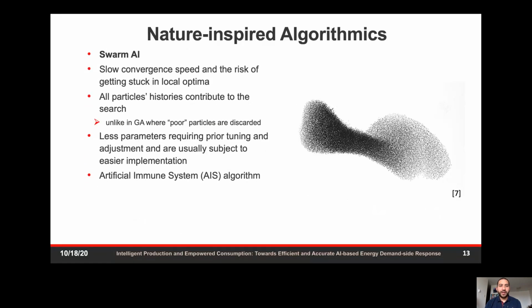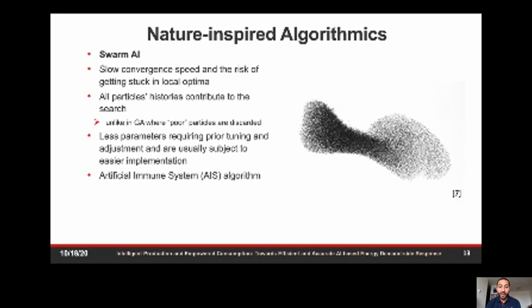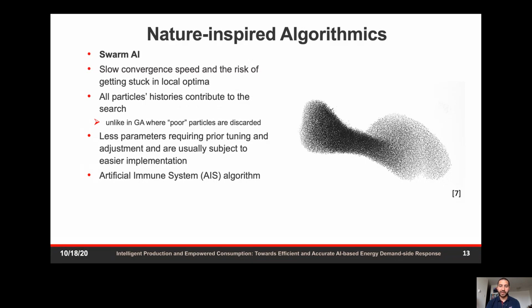Swarm AI. A swarm, in the scientific sense, is a large and dense group of insects, usually flying insects. Swarm AI is also used in demand response.